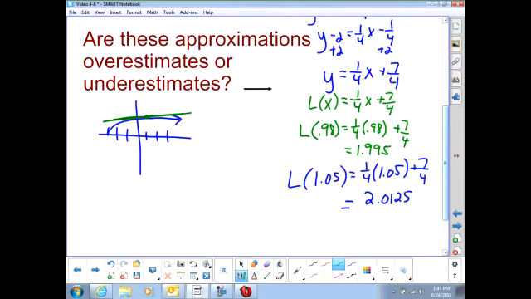Our tangent line is slightly above the curve. Because it is above the curve, these would be overestimates. If we had had something like this and had a tangent line, then our tangent line approximations would be considered underestimates. But because we are above the curve with our tangent line, it makes these overestimates.